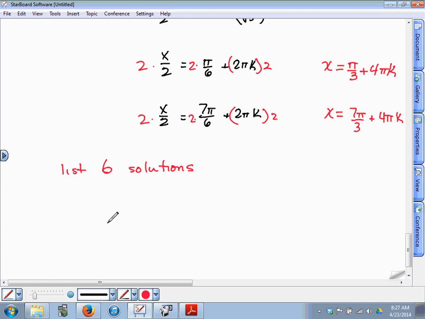If there are infinitely many, let's use this to tell me what 6 of them are. We already know 2 of them. What are 2 exact solutions? Pi over 3, 7 pi over 3. There's 2 of them, 4 more to go. How do we find any more than just that?